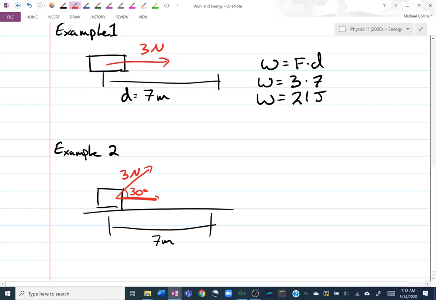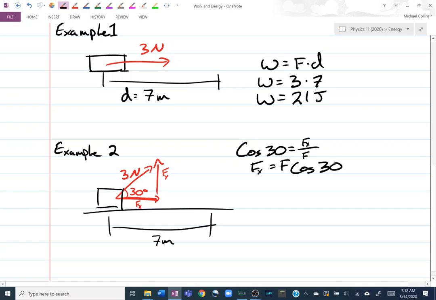So we're going to split it into components that are both parallel to this displacement and perpendicular to this displacement. So this would be our Fy, and this would be our Fx. We are concerned with the Fx because that's the one that's parallel to our displacement. So we're going to use cos of 30 is equal to my adjacent component over my hypotenuse. So my adjacent component is equal to F cos 30.